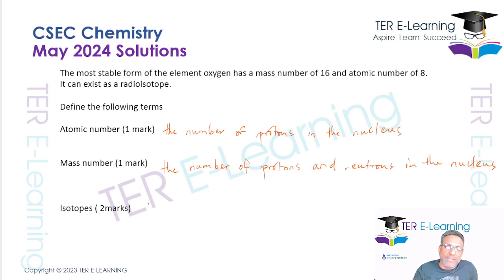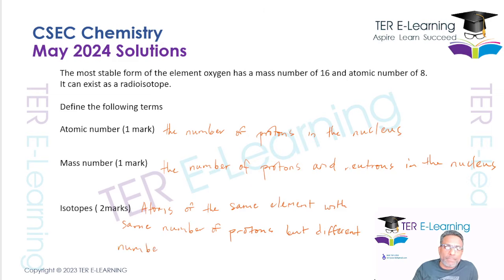So isotopes are atoms of the same element with the same number of protons but different number of neutrons. So that's question 2.